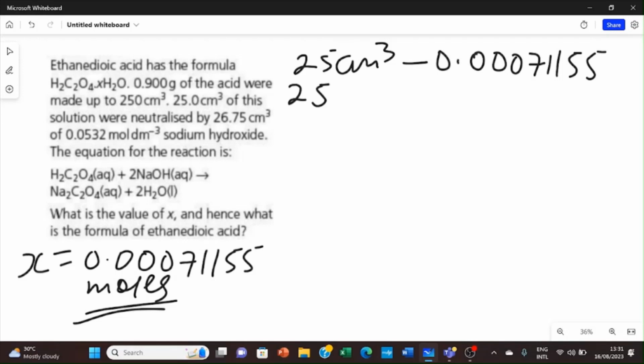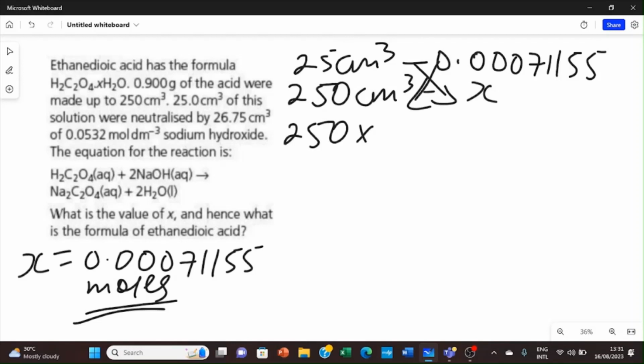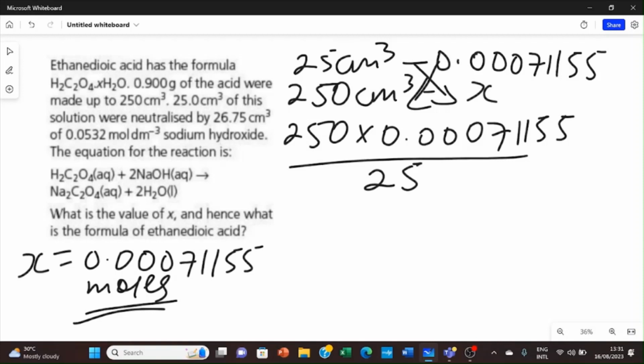So in 250 cm3, we'll get what? X. So you cross multiply. You now have 250 times 0.00071155 divided by what? 25. 25 to 1, 25 to 10. So you have what? X now will be equal to what?